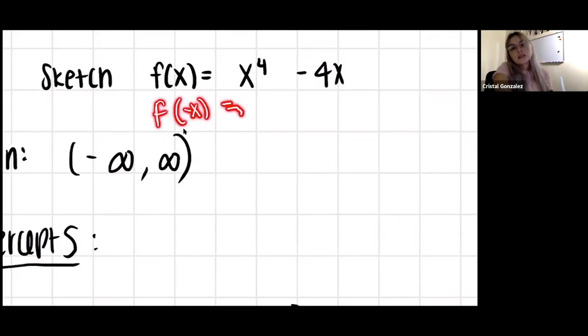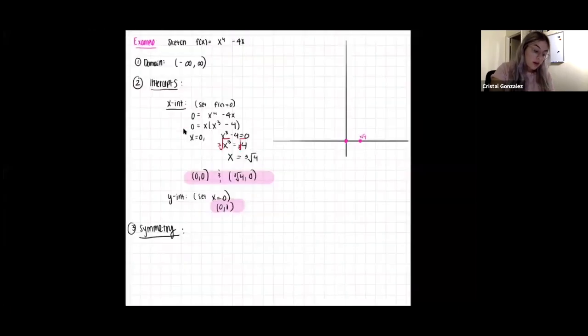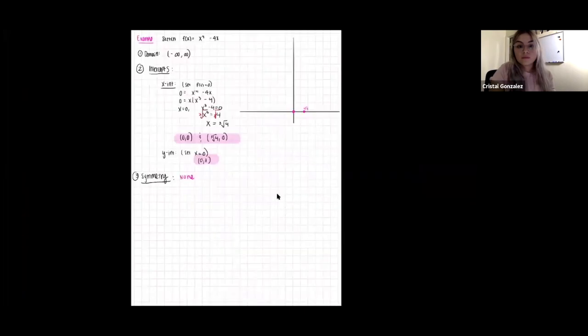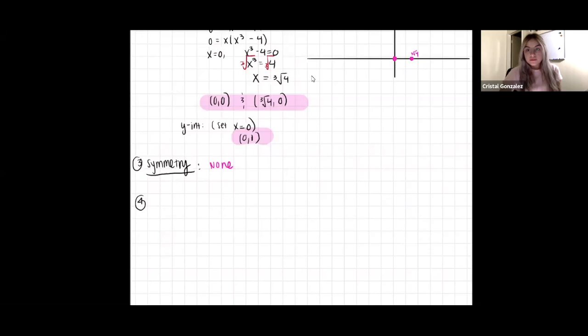In this case, if you tried it on your own, you wouldn't get either, because this part of my function is even and the negative 4x of my function is odd. So I actually have neither, so there is no symmetry here. So we'll say that there's none.